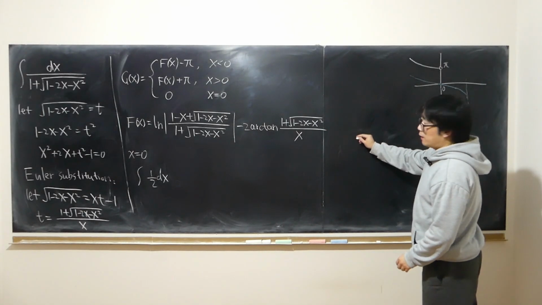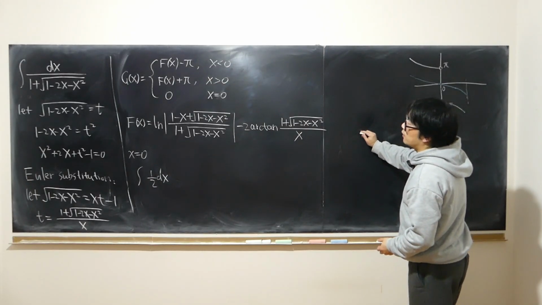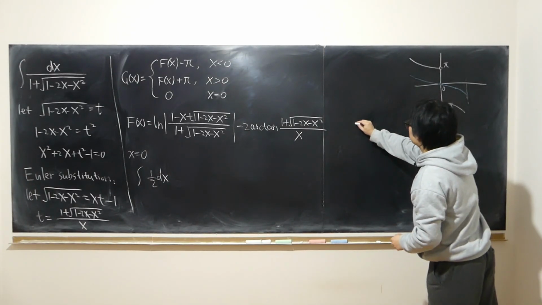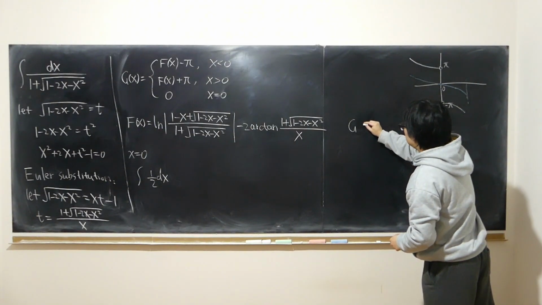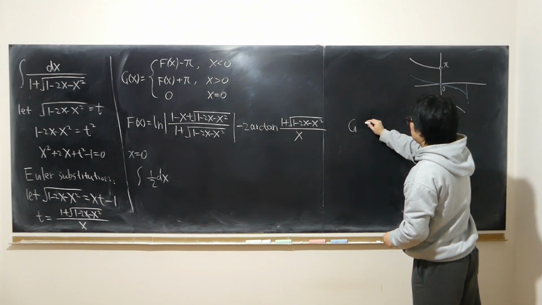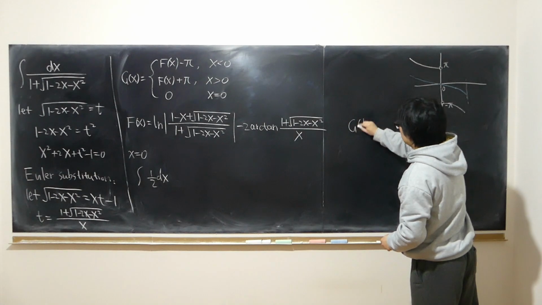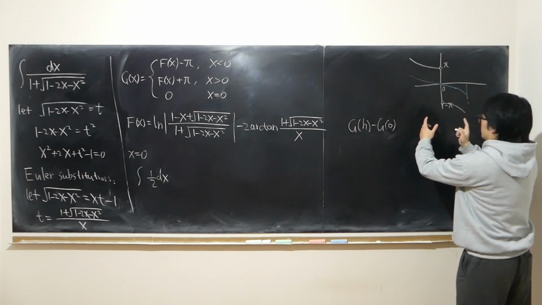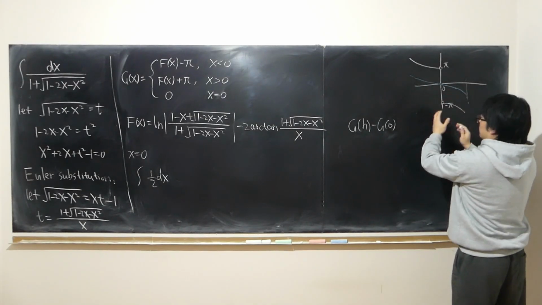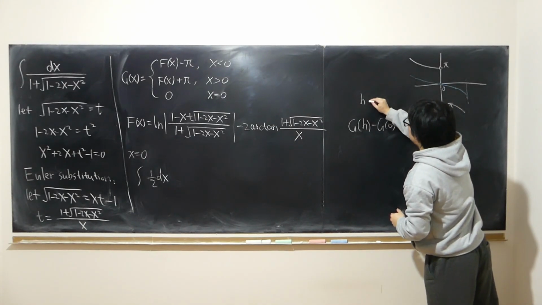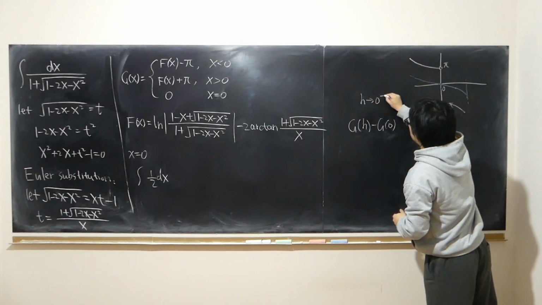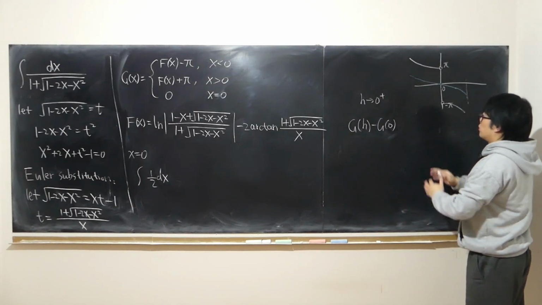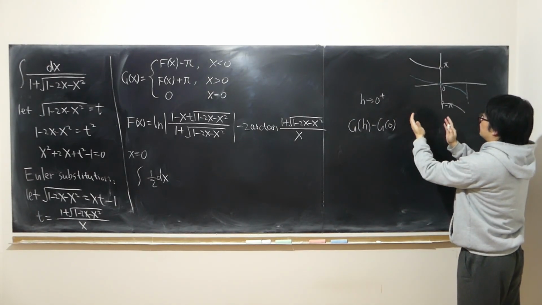So instead, we have to use the first principle on g of x. Let's say g of h minus g of 0. First principle. Maybe I say h approaches 0 from the right-hand side, because we don't know if it's differentiable or not.